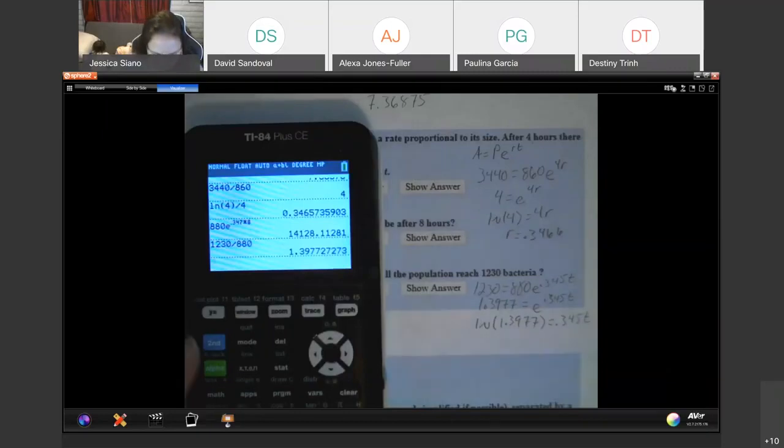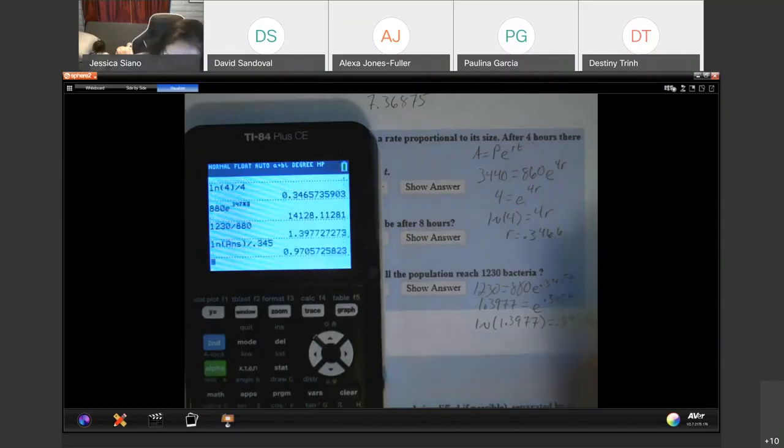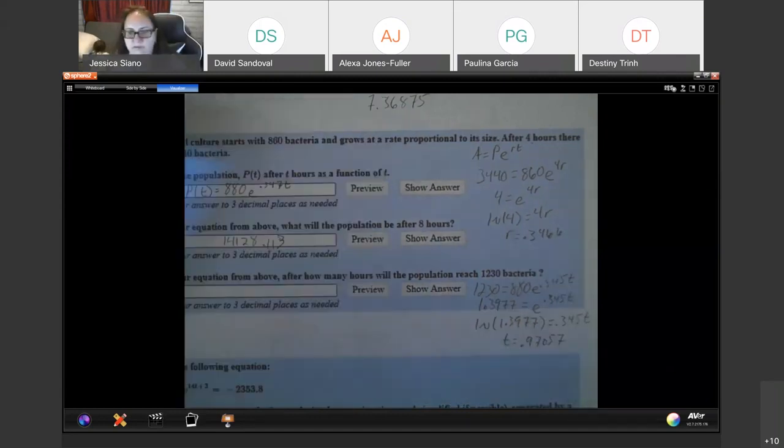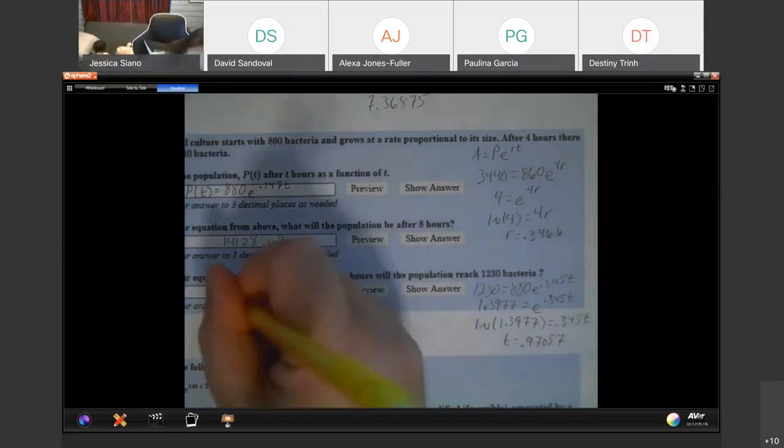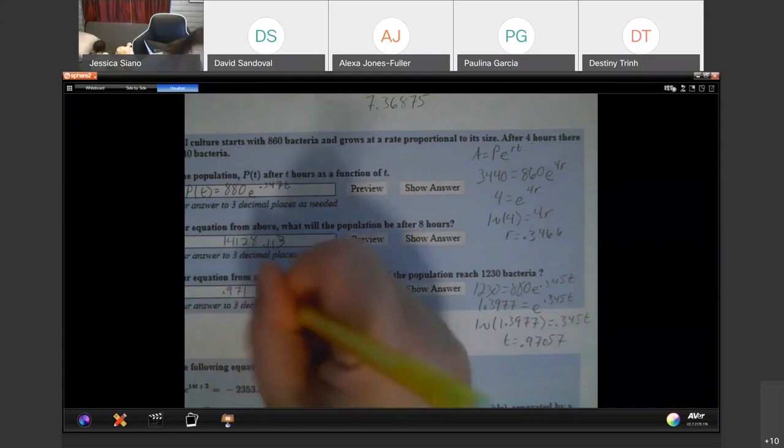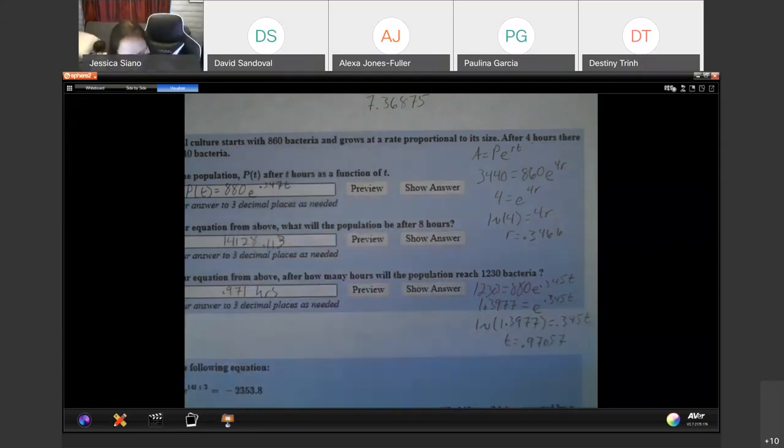So the ln of that divided by 0.347, just under an hour.